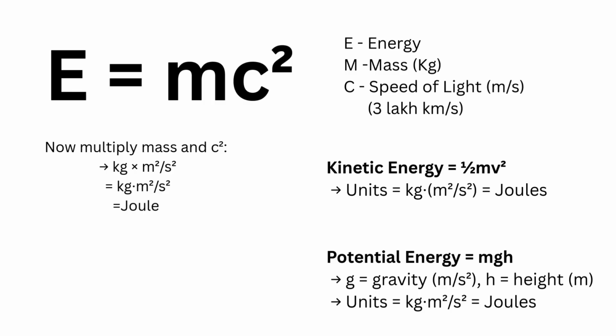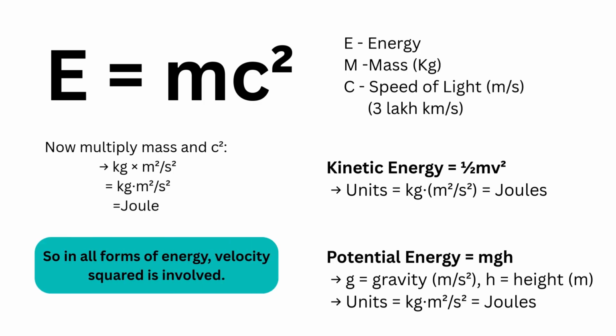So c square in E is equal to mc square is not just a random thing, it's required to make the unit of energy correct. To correct the unit and to form the energy, we need this speed and the square.